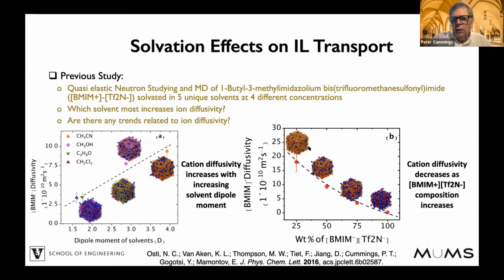Obviously, also the cation diffusivity decreases as its concentration increases. I mean, this is dilute ionic liquid through to concentrated and then to pure ionic liquid. The diffusivity is changing, you can see here, by 1 or 2 orders of magnitude.